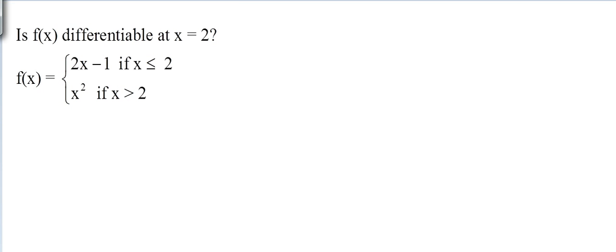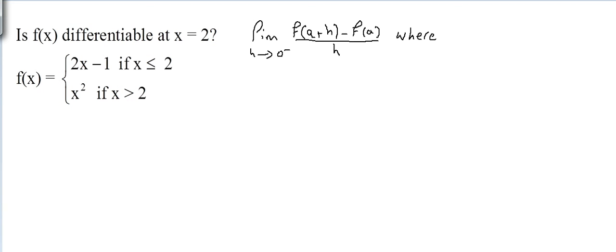We should find the limit of f of a plus h minus f of a over h as h tends to 0 minus, and this is where x tends to 2 minus.